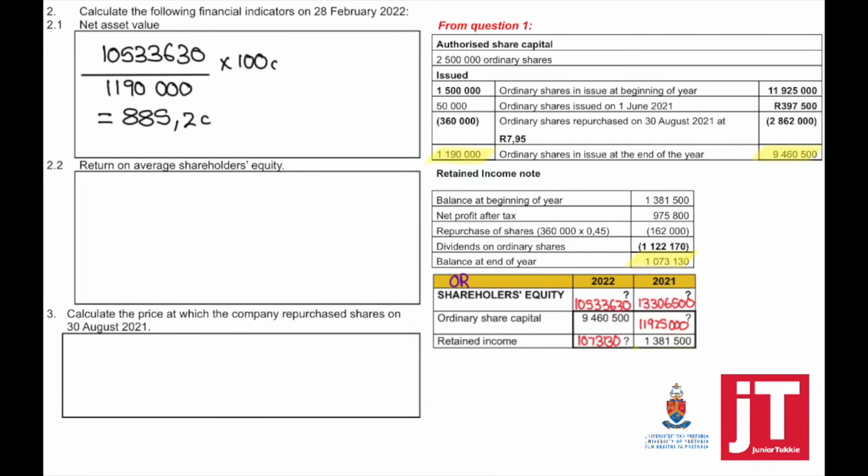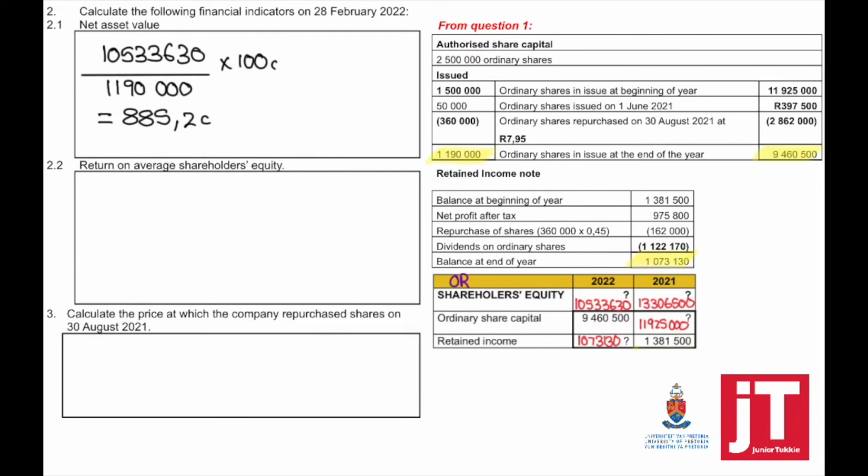Or if you look at the information that was given to you, there's your shareholders' equity, which we've calculated, ordinary share capital plus the retained income divided by the number of shares in issue. Again, your answer must always be in cents.